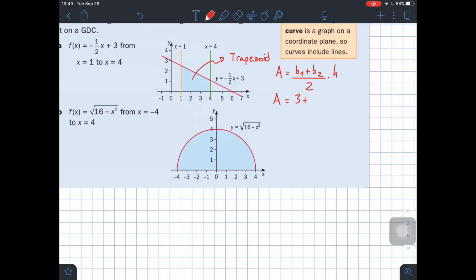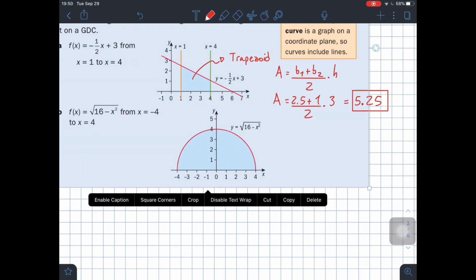Actually, I see that this is 2.5, and this one over here is 1. So let's change that. This is actually 2.5 plus 1, divided by 2. And the height is from 1 to 4, so that's 3, so times 3. If we calculate this, you should get an answer of 5.25. This is the area using the geometrical formula.